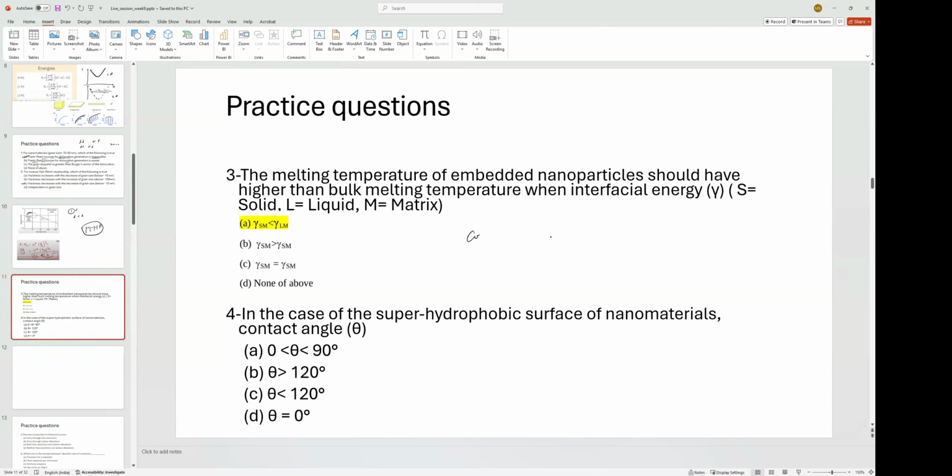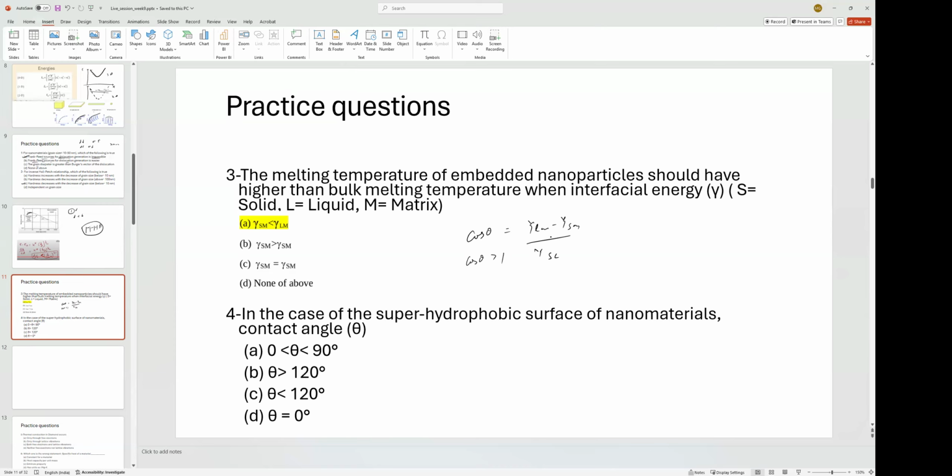The formula: cos theta is gamma_lm minus gamma_sm, divided by gamma_ls. For the melting point to be higher than bulk, this cos theta should be greater than 1.